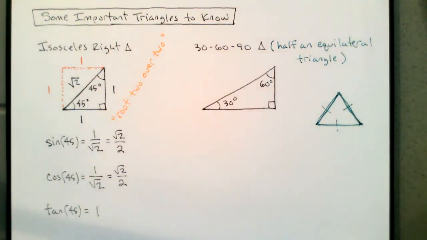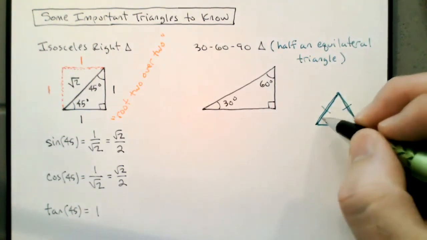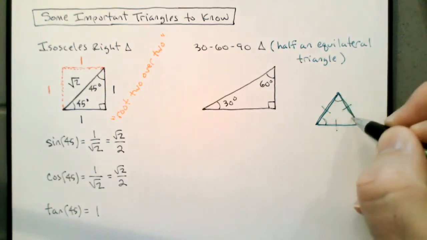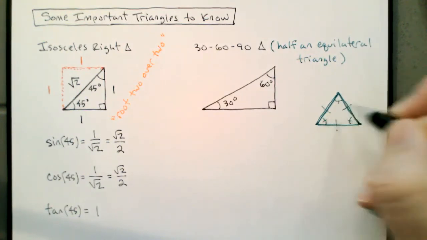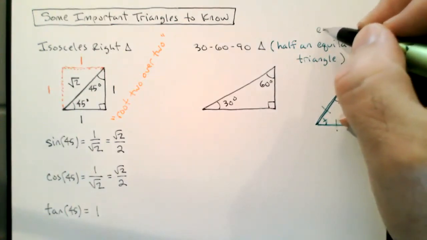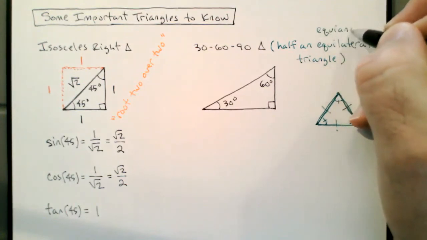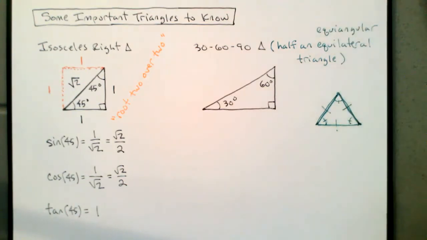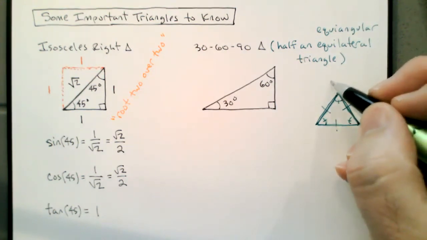If all the sides are equal, since angles opposite equal sides are equal, all the angles are equal as well. So equilateral means equiangular. Since the sum of the angles in a triangle is 180 degrees, each angle must be 60 degrees.